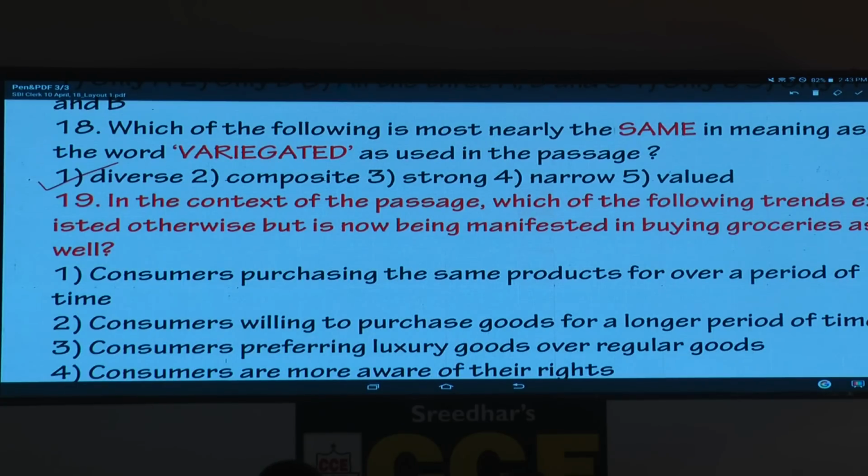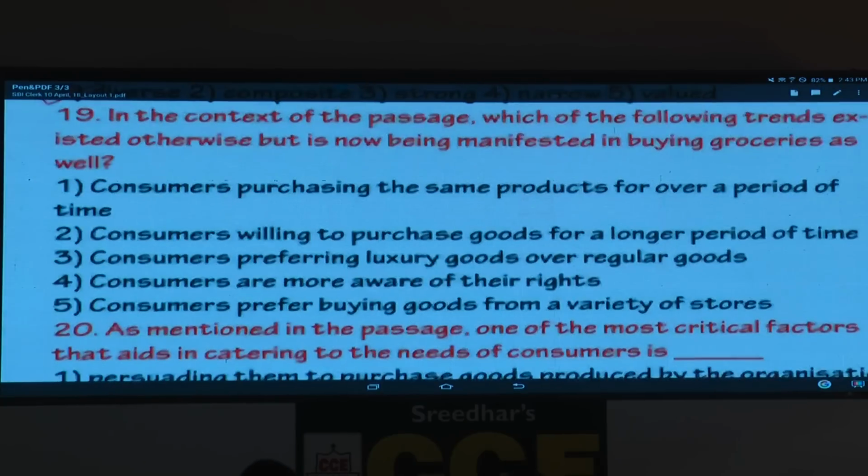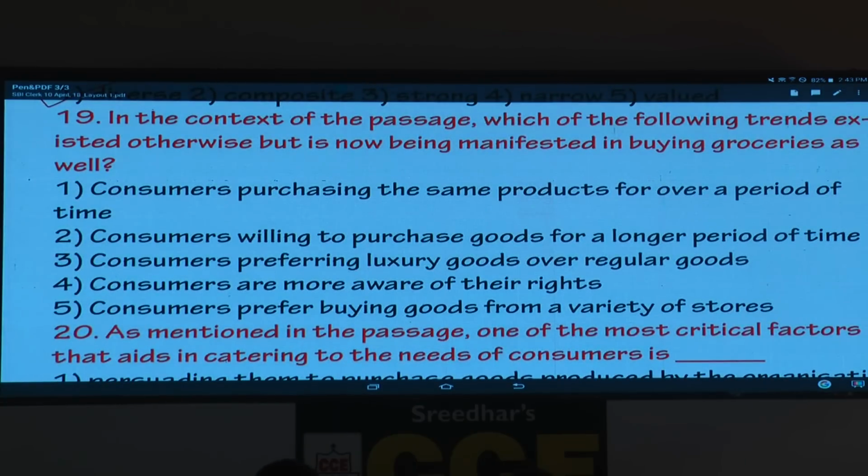Now question number 19. In the context of the passage, which of the following trends existed otherwise but is now being manifested in buying groceries as well? Here there is an error with the key. I think the key says which option? Second option. What does the key say? Second option. But if you read the passage, those who have read the passage, what is the answer?